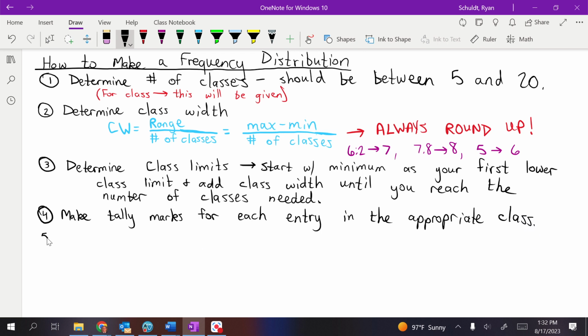And then step 5 is to total up the tally marks for each class.